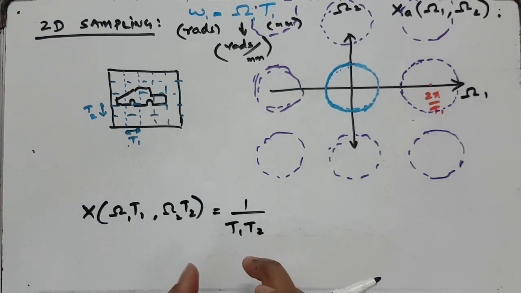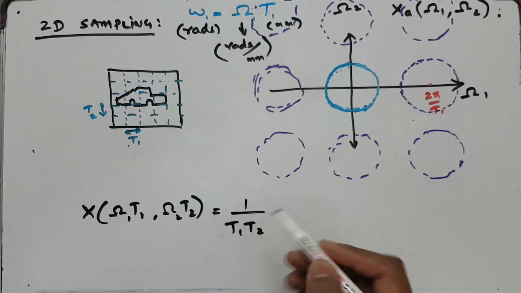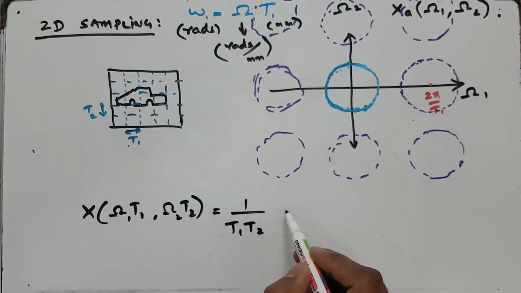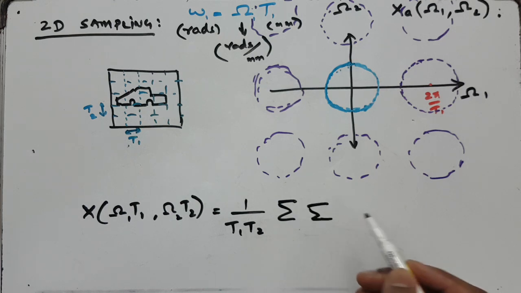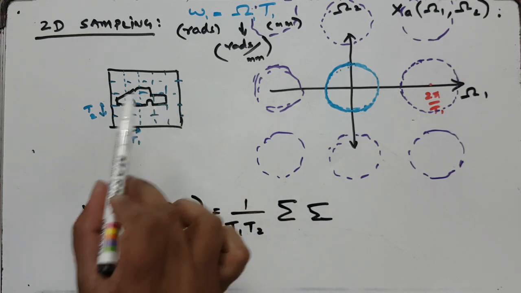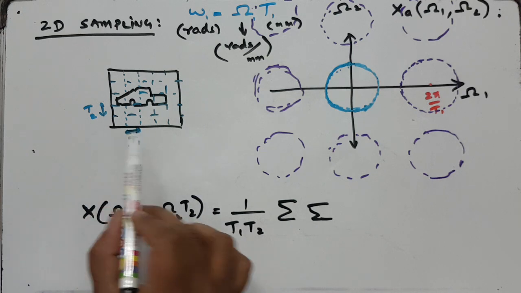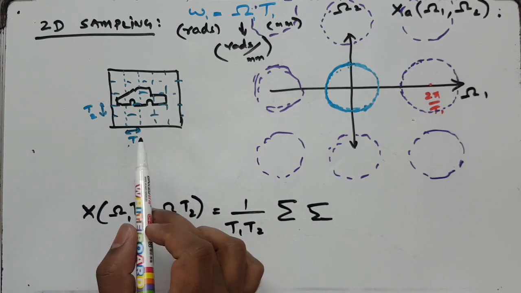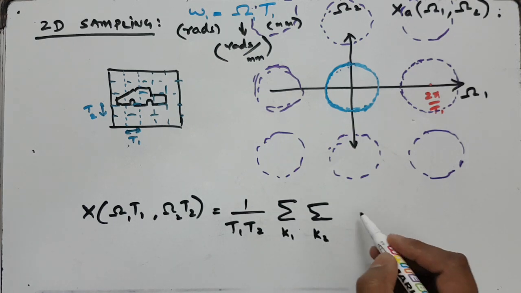Again, these are scaling periods which are getting multiplied and then divided, over the summation of all the samples that we have, because the signal that we're using now is not the continuous signal, it is the discretized version of the original signal. So we have in total k1 samples in one direction and k2 samples in the other direction.